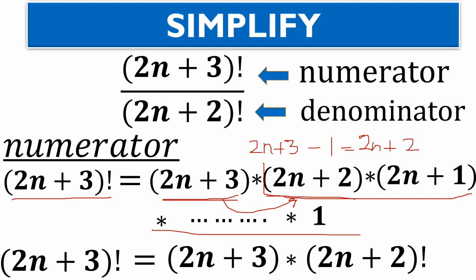So what we have simply done is express (2n + 3) factorial as (2n + 3) times (2n + 2) factorial. Once again, we have expressed (2n + 3) factorial as (2n + 3) times (2n + 2) factorial.